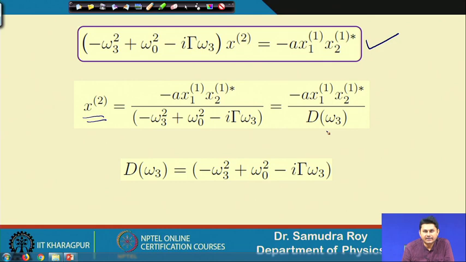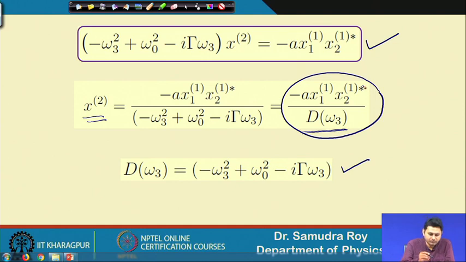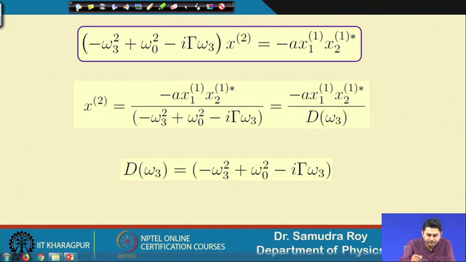This one can be written in the similar form that we have been writing, that whenever omega square plus omega 0 square minus these things are there, we write this as some function of omega 3, and everything can be written in terms of d. So, here d is this quantity. My x 2 is now written in a very compact form, which is this one.